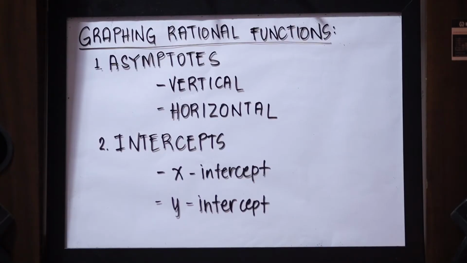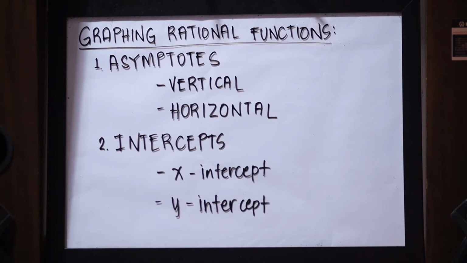Next, we have the graphing of rational functions. But before we graph rational functions, let us first identify the things that you will need in graphing a rational function. So, the first one is yung asymptotes. Yung asymptotes, these are the lines wherein yung graph mo will not pass through these points.